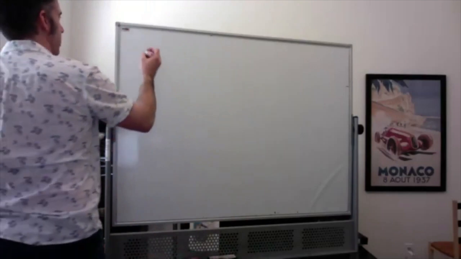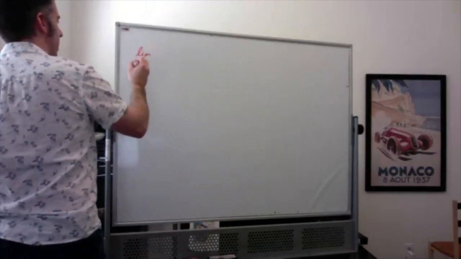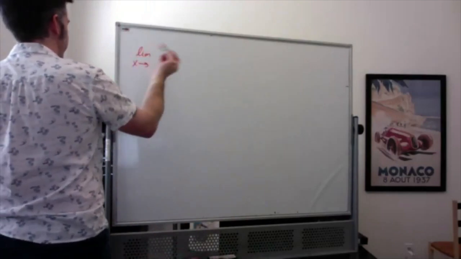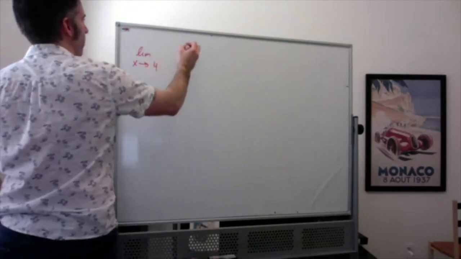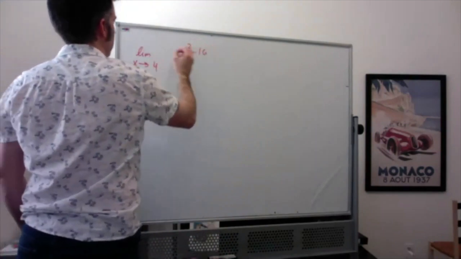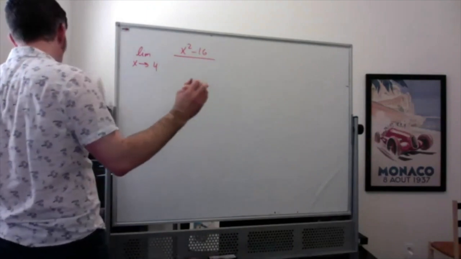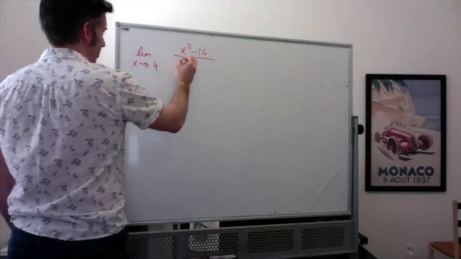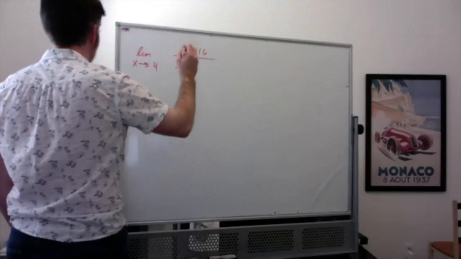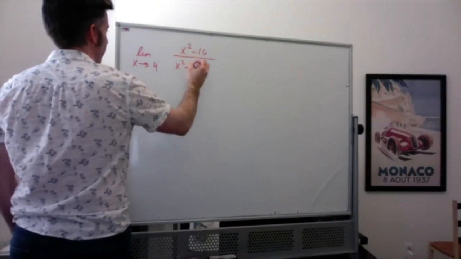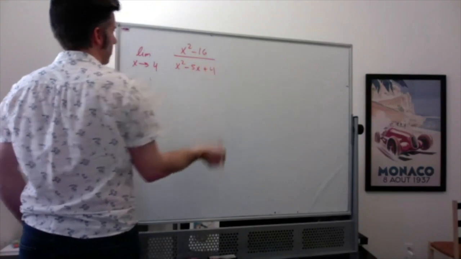Here's a couple 0 over 0 types. So let's do the limit as x goes to 4 of x squared minus 16 over x squared minus 5x plus 4.